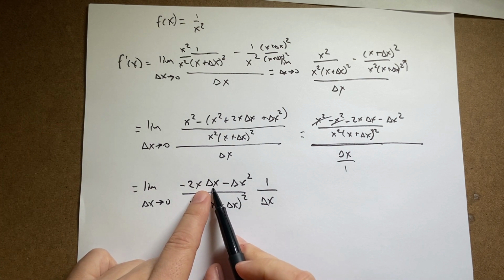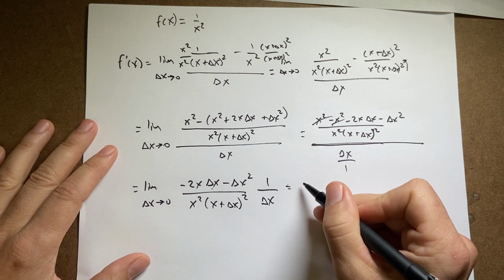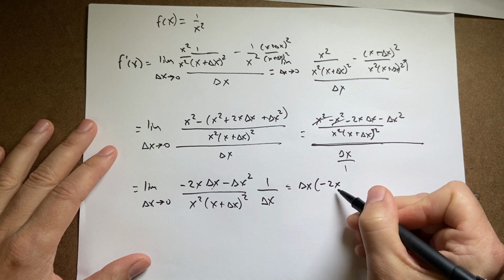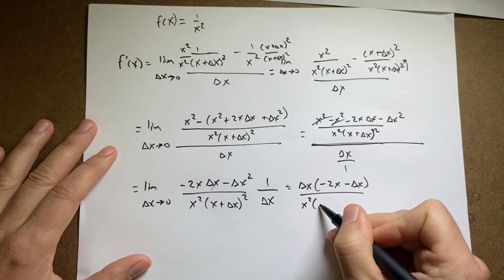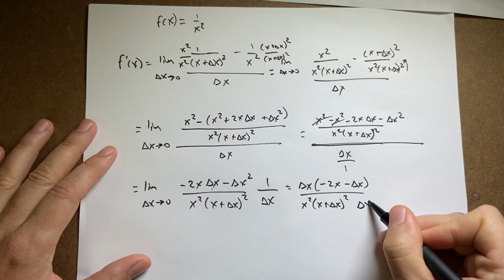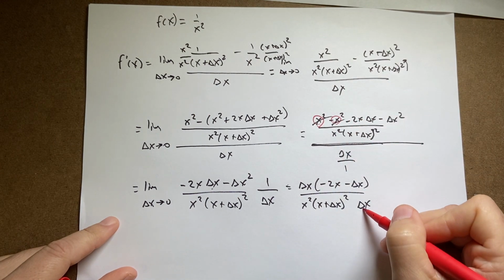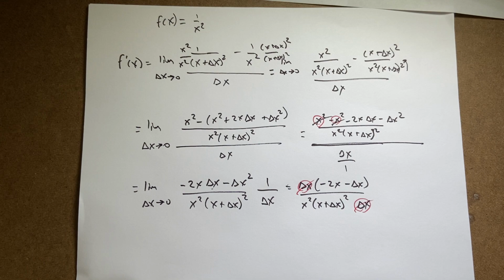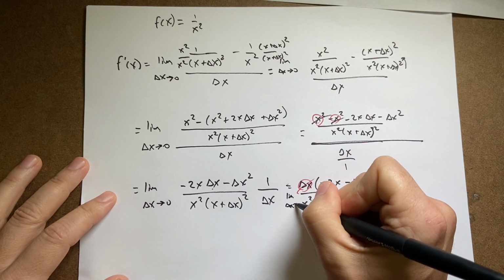On the top, these two terms both have a delta x, so I can factor out the delta x. I get delta x times negative 2x minus delta x over x squared times x plus delta x quantity squared, over delta x. I like to cancel in red. Here I have a delta x and a delta x, and they cancel. Oh, I left off my limit too: the limit as delta x goes to 0.